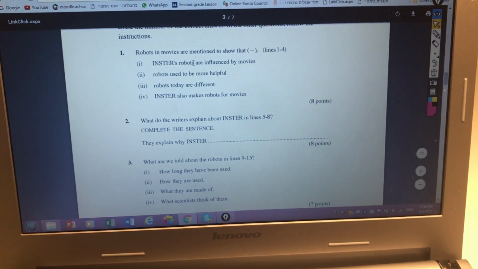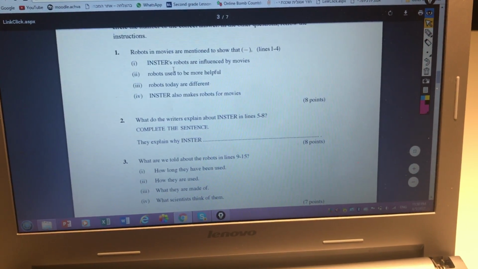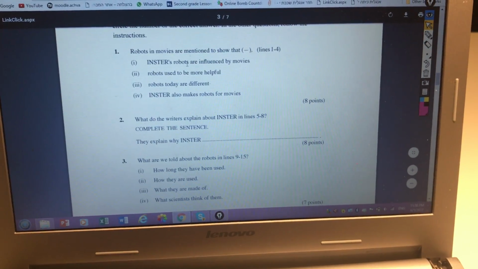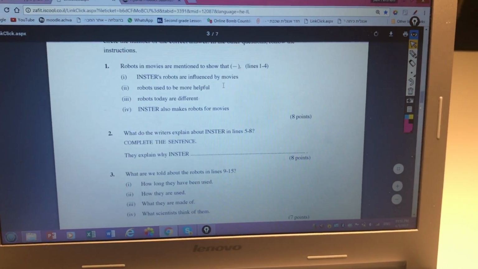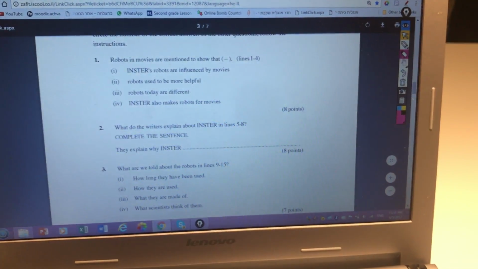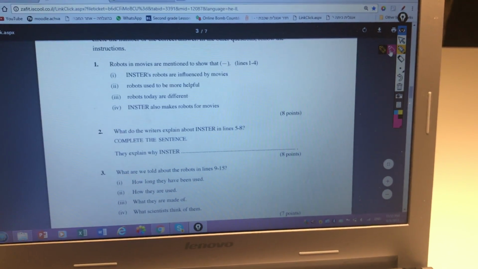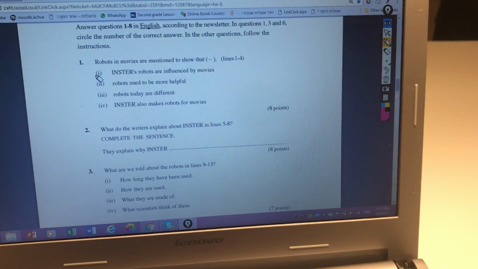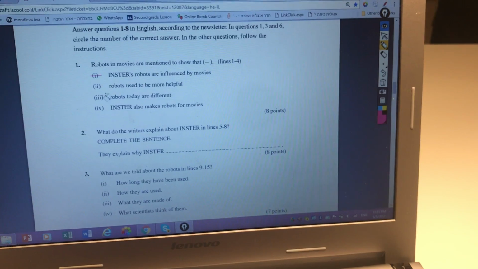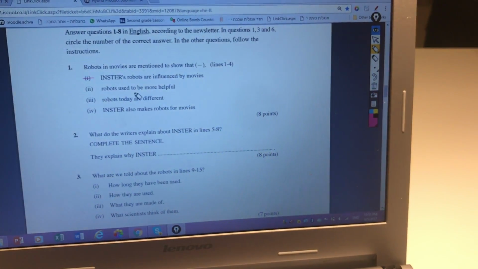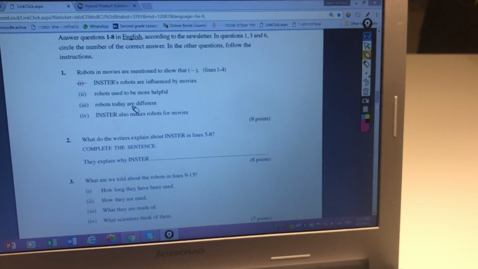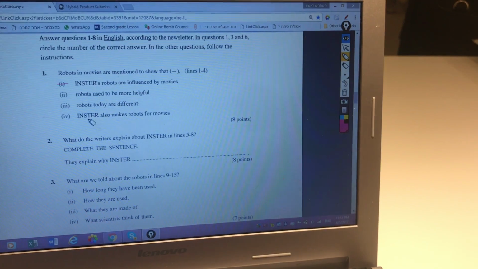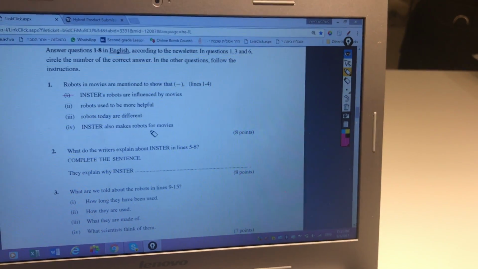So robots in movies are mentioned to show that robots are influenced by movies. I don't think so, so we can probably mark it out. Okay, we could probably mark this out. Robots used to be more helpful, maybe. Robots today are different, maybe. And Inster also makes robots for movies.